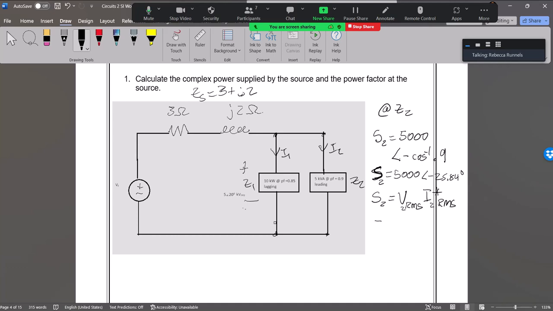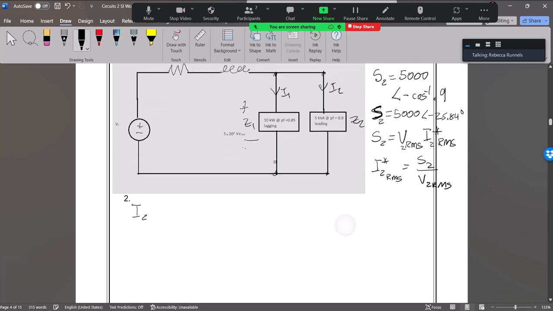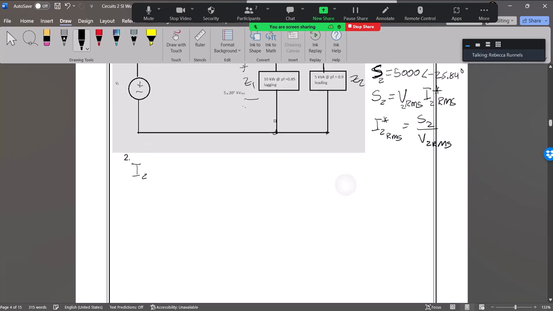And so I2 conjugate RMS equals S2 over V2 RMS. And we just found S2, so we have S2.